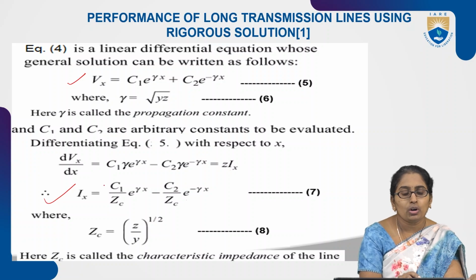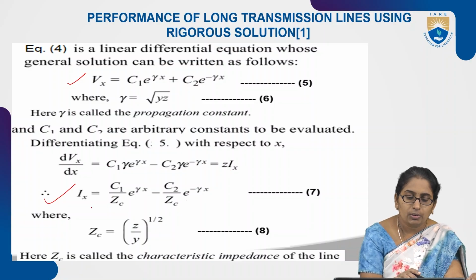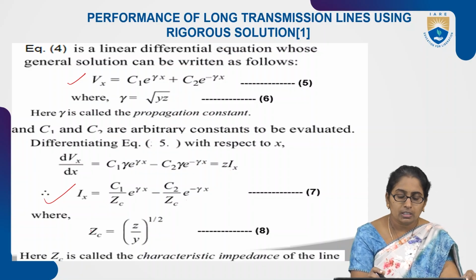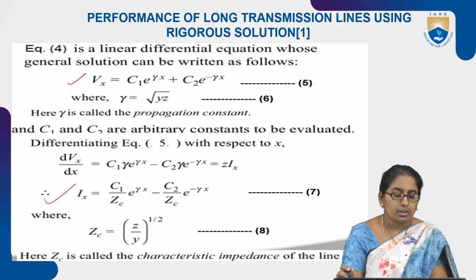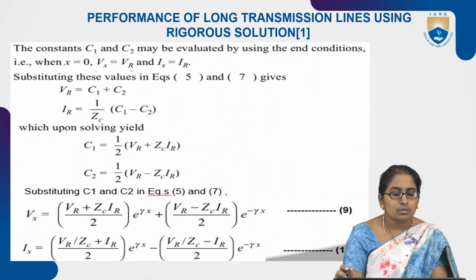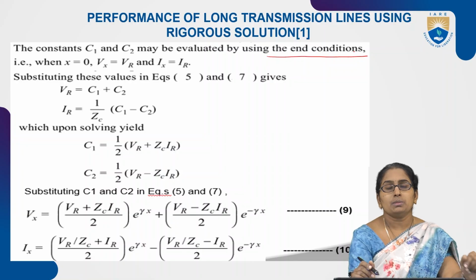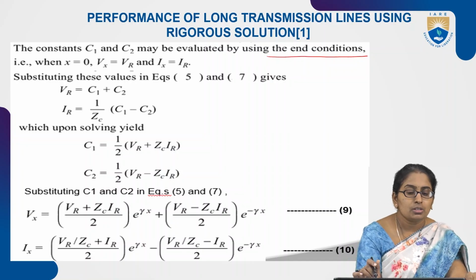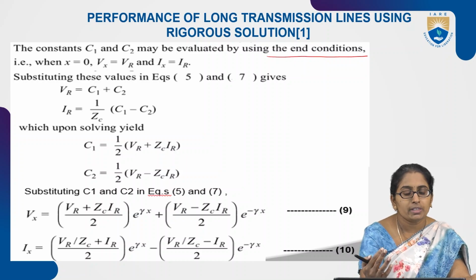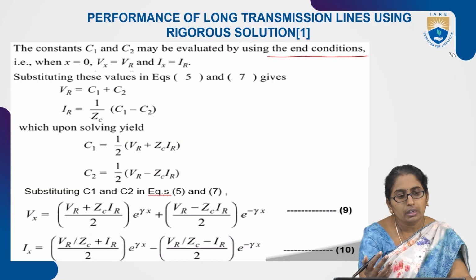Finally we want to calculate the constants c1 and c2, and then we will get the equations of the voltage and current. So using transmission line end conditions, when x is equal to 0, what is the voltage and what is the current?